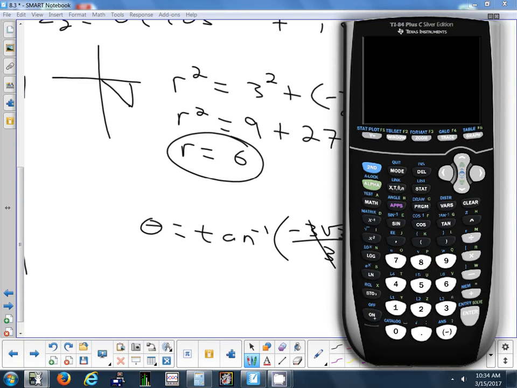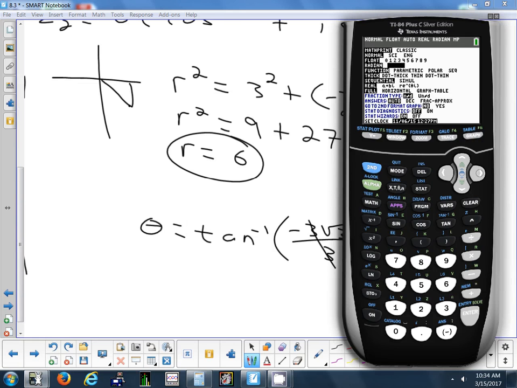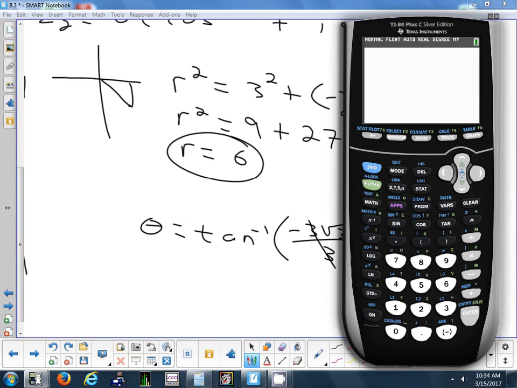Anytime you have square root 2s and 3s, that's a suggestion you're usually going to get a nice answer. So we shouldn't have any decimals here. So inverse tangent of negative square root of 3. We get negative 60, or we can deal with that negative right now and add 360 to it, which would be what?